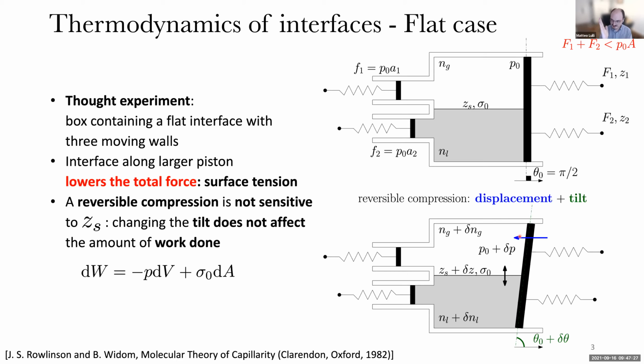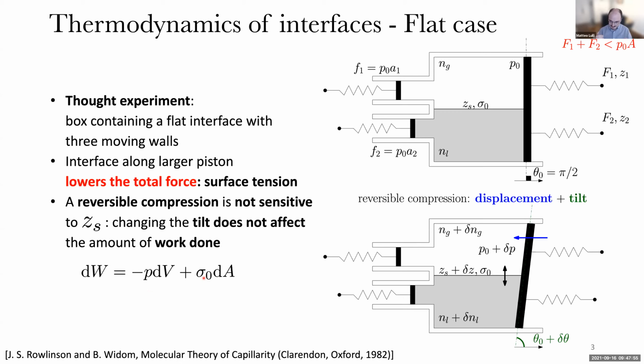By sliding the bigger piston a little bit to the left, we can then tilt it one way or the other, in such a way that dV and dA are going to be exactly the same. As a matter of fact, the surface of tension is going to go up or down according to the tilt, but the amount of work done in this infinitesimal reversible transformation is exactly the same.